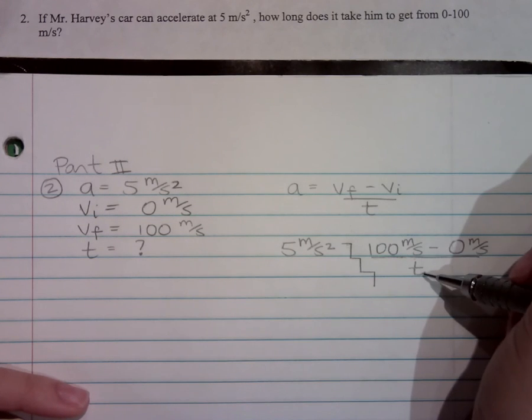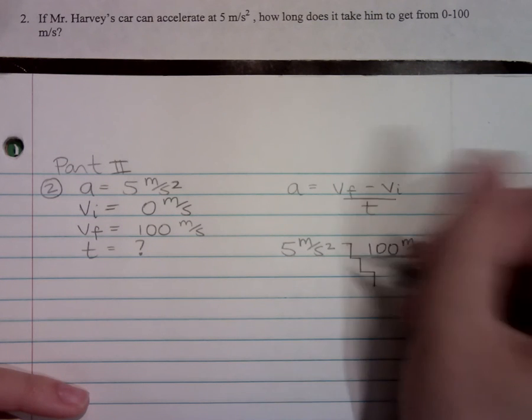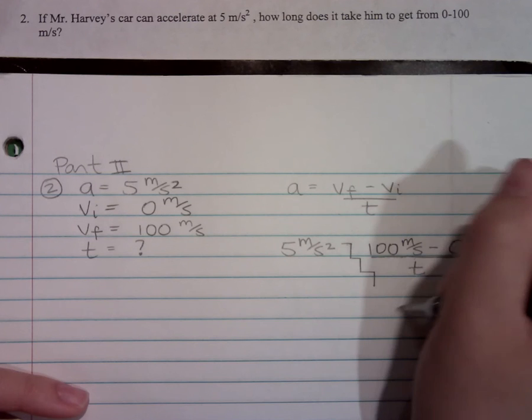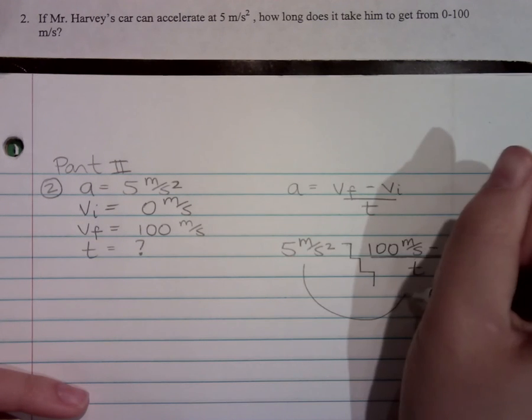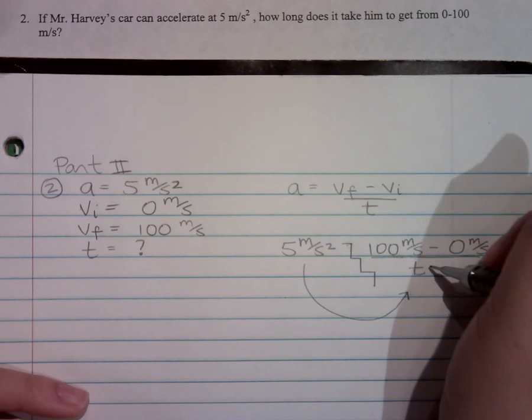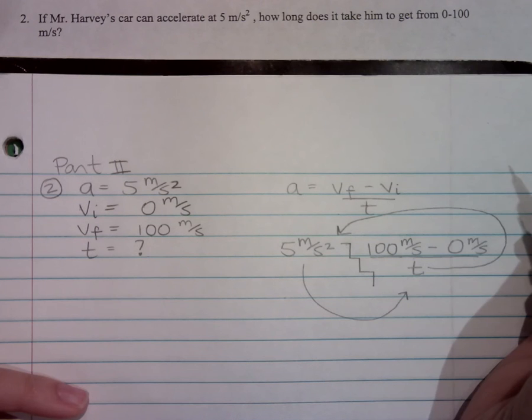The one downstairs goes upstairs, and the one upstairs comes downstairs. So my 5 meters per second squared is going to come down here, and then my t is going to come all the way around and be up here instead.